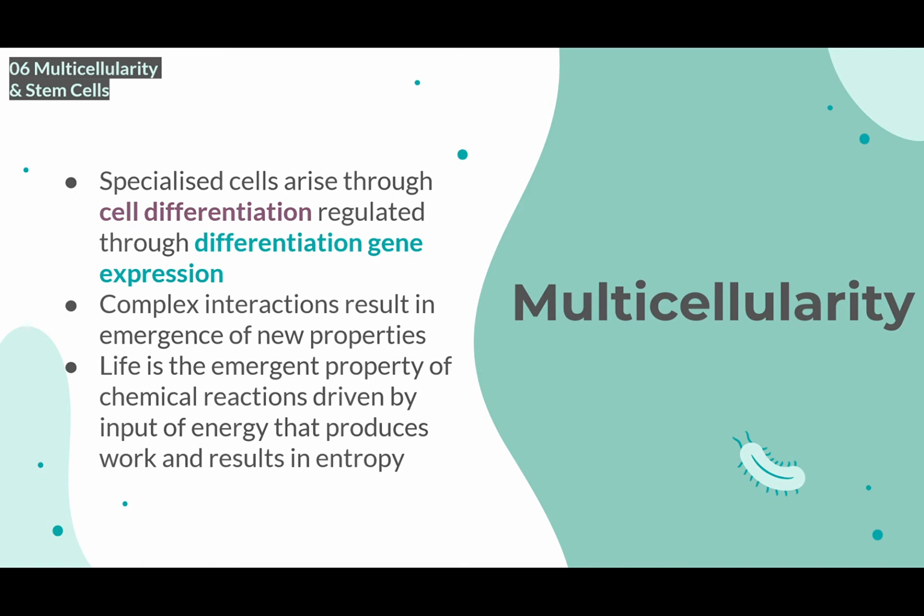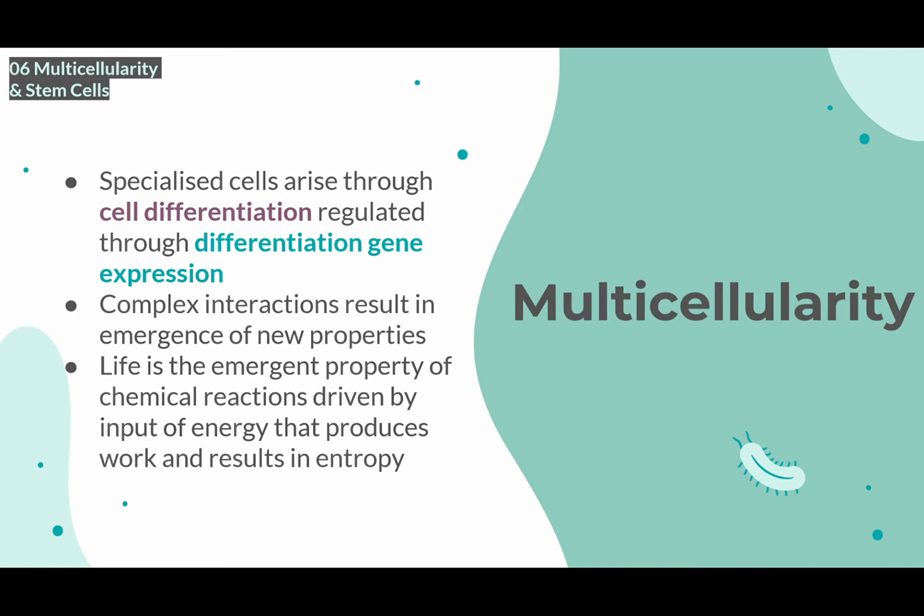Through complex interactions of cells in a multicellular organism, new properties emerge. In multicellular organisms, cell differentiation has a specific hierarchy of biological order, and life is an emergent property of chemical reactions driven by an input of energy that produces work and results in entropy, or disorder, in a system.